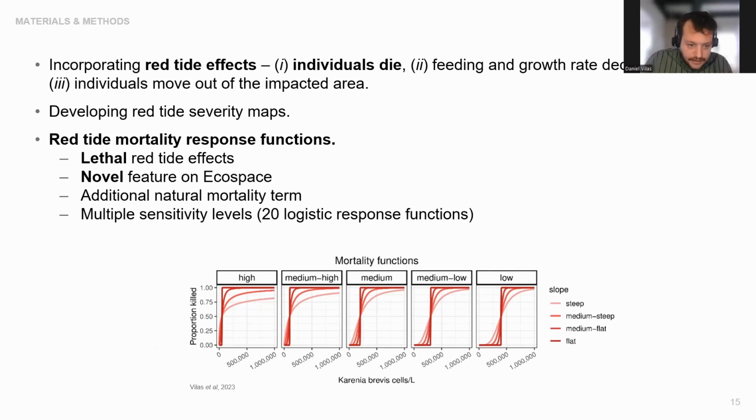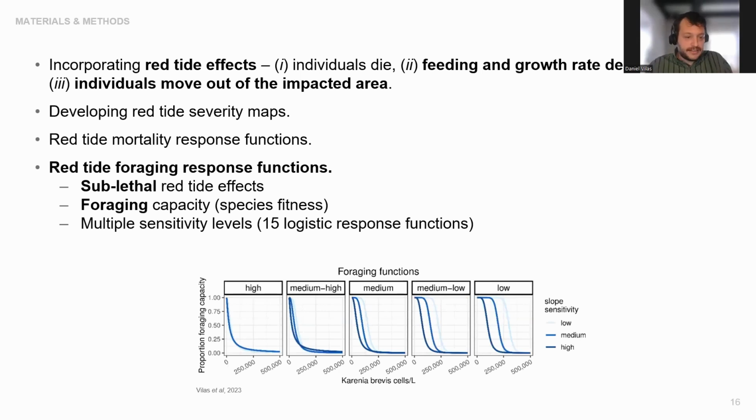These logistic functions differ in terms of sensitivity and also the slope. So we have different sensitivity levels because there was no information on the red tide response for a species. The higher the cell concentration of Karenia brevis, the higher the proportion killed in that cell.